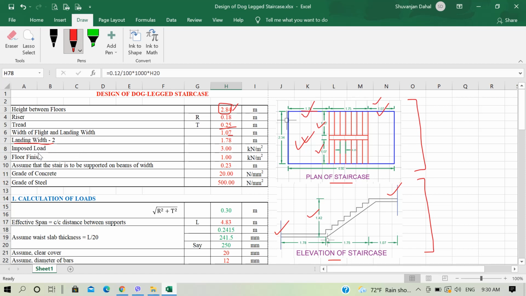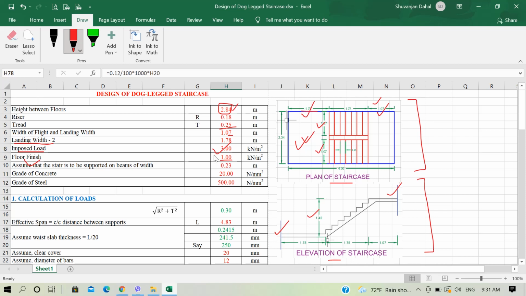And for loading, imposed load is 3 kilonewton per meter square. We discussed loads on staircase in our previous lecture also. In case of residential buildings, we can take the imposed load on staircases as 3 kilonewton per meter square. I have assumed the floor finish to be 1 kilonewton per meter square. You can calculate your floor finish based on the material that you will be using on the staircase.